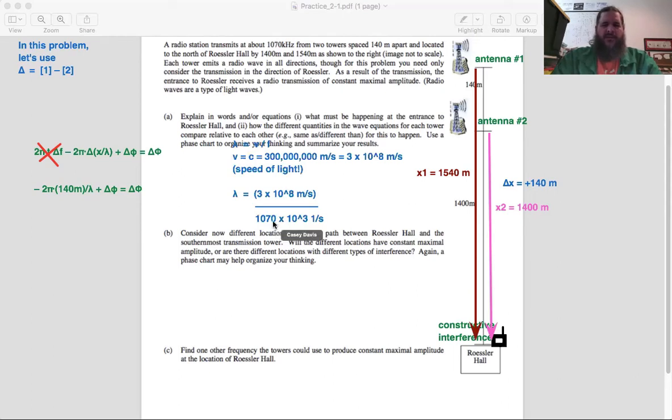We should probably also put this in scientific notation. We got 1070 times 10 to the 3rd, because kilo just means times 10 to the 3rd. If we shift this decimal point over 3 spaces, what do we have to do with the 10 to the power? We've made this number smaller by a factor of 3 decimal places.